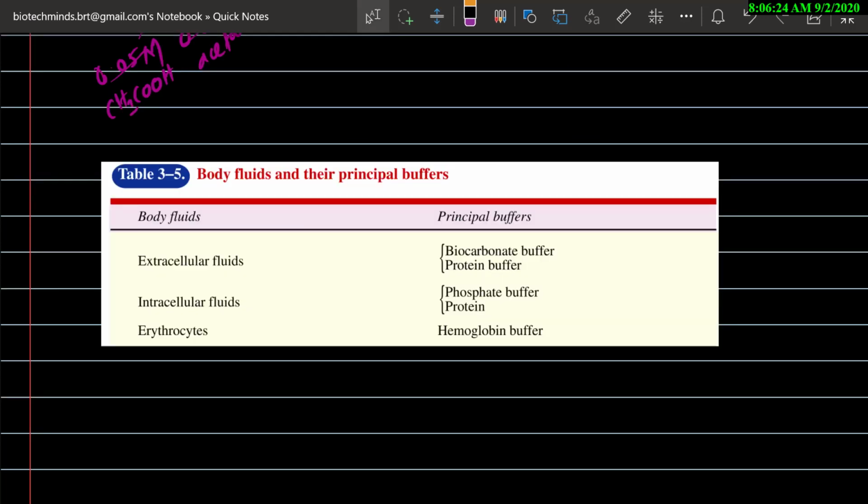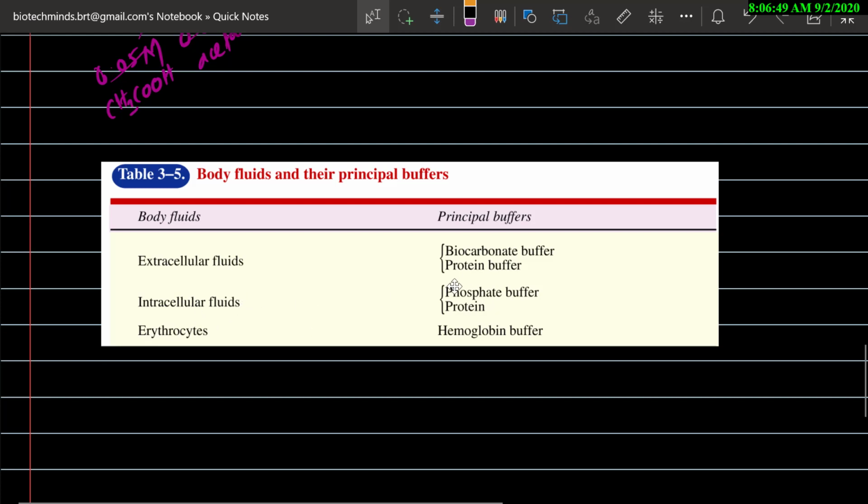We have talked about the factors for an effective buffering action. Now the next topic is the important topic relevant to biochemistry, that is biological buffers. So what are the biological buffers present in our system? Now this tabulation will tell you the buffers present in the components. In extracellular fluids, bicarbonate buffer and protein buffer are present.